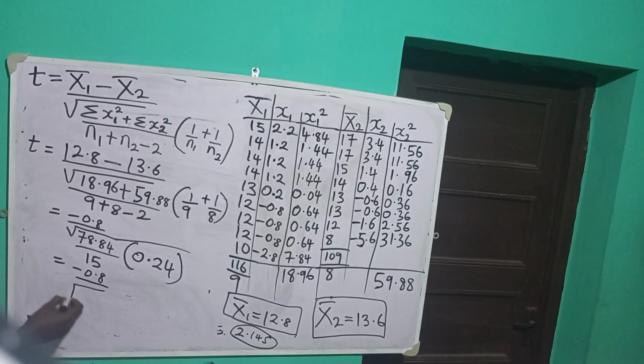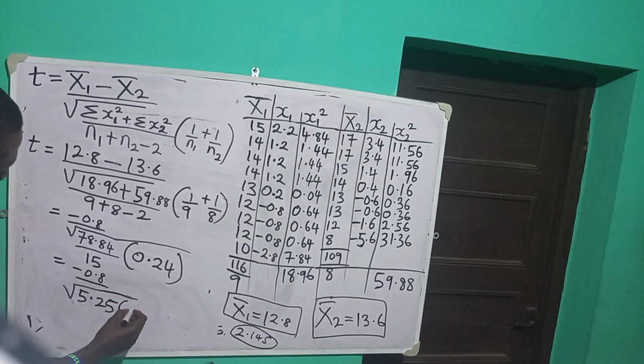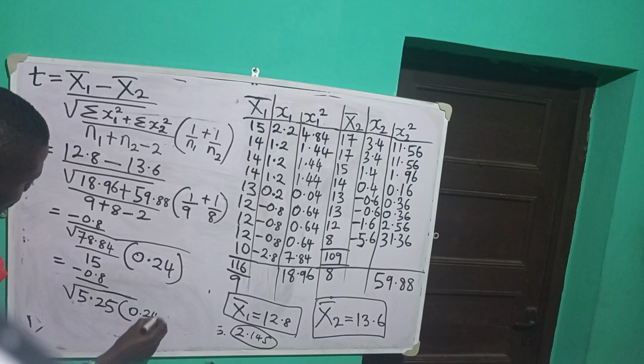the square root of 78.84 divided by 15. This will give me 5.25, multiplied by 0.24.